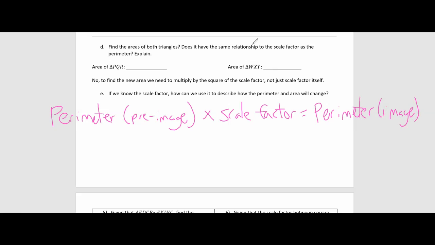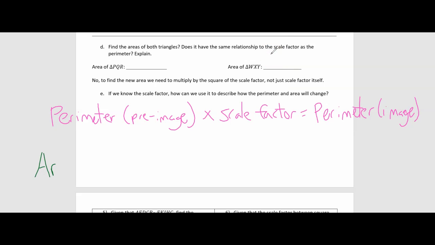That's the same relationship as the sides, and that's because they're both one-dimensional. A side of a polygon is one dimension. The perimeter of a polygon is also one dimension. So you're just multiplying by the scale factor to find the new perimeter.